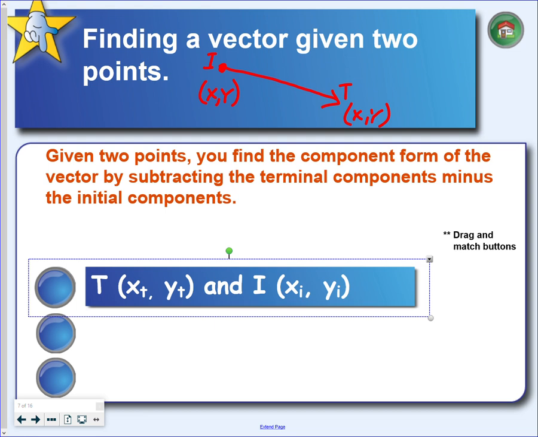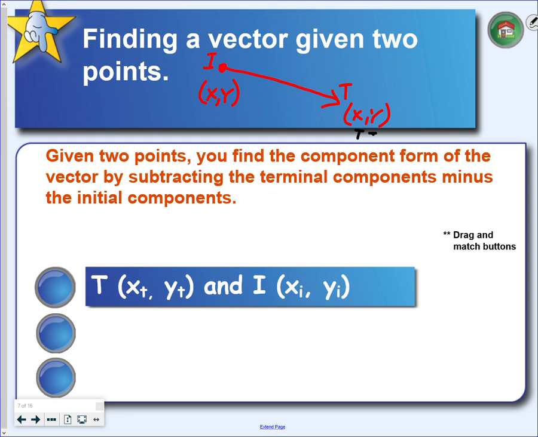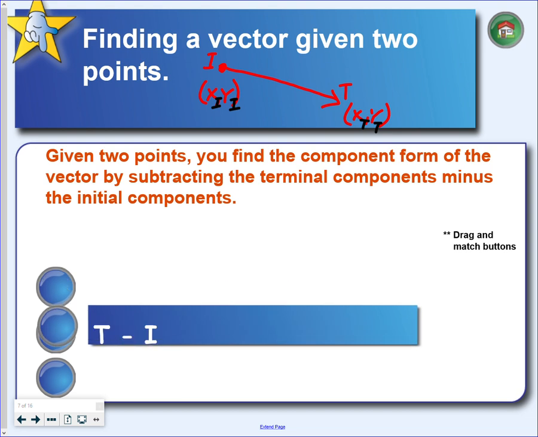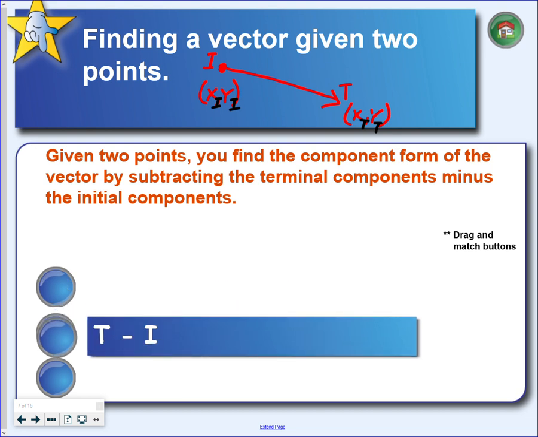So if I've got my terminal point here, this up here would be x sub t and y sub t. This right here would be x sub I and y sub I. Very sub there. Oh, fancy. Yeah. Okay, flawless. So then you're going to do your terminal minus your initial.